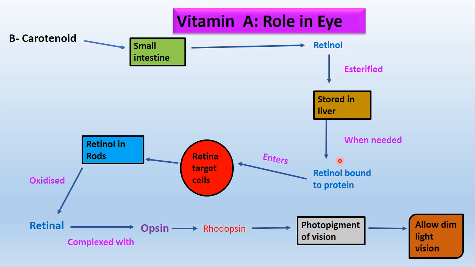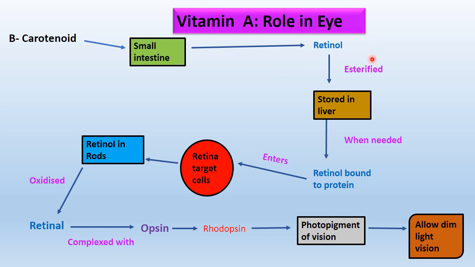When needed, retinol bound to protein enters the retinal target cells, where retinol in rods is oxidized to form retinal. It complexes with opsin to form rhodopsin, the photopigment essential for vision, which allows dim light vision. In this way, vitamin A plays an important role in vision.